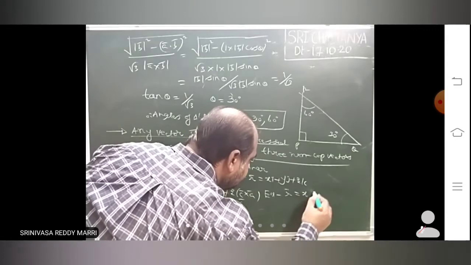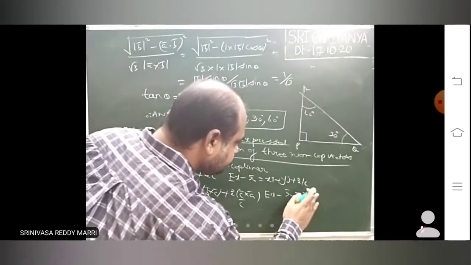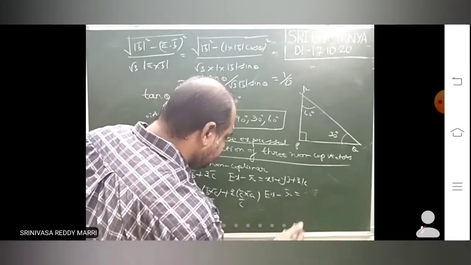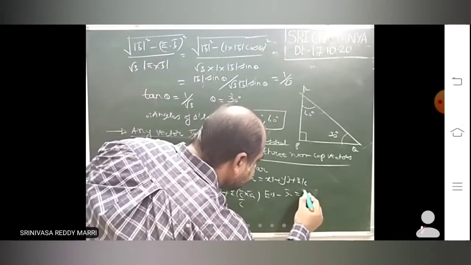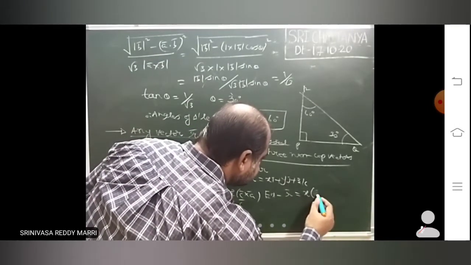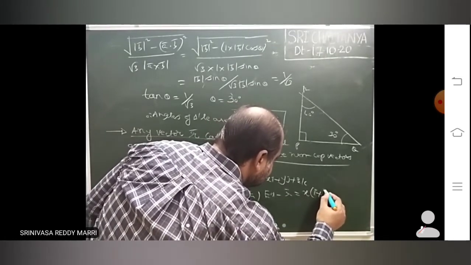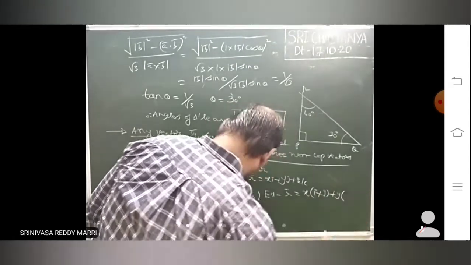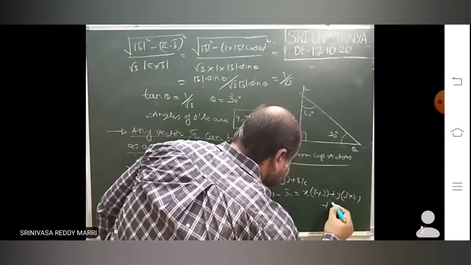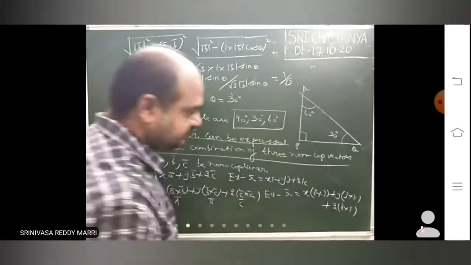Suppose for example, you can write like this: x into i cross j plus y into j cross k plus z into k cross i.